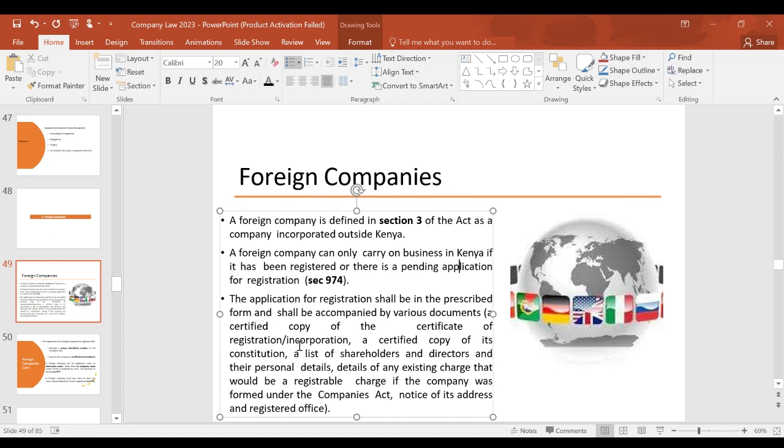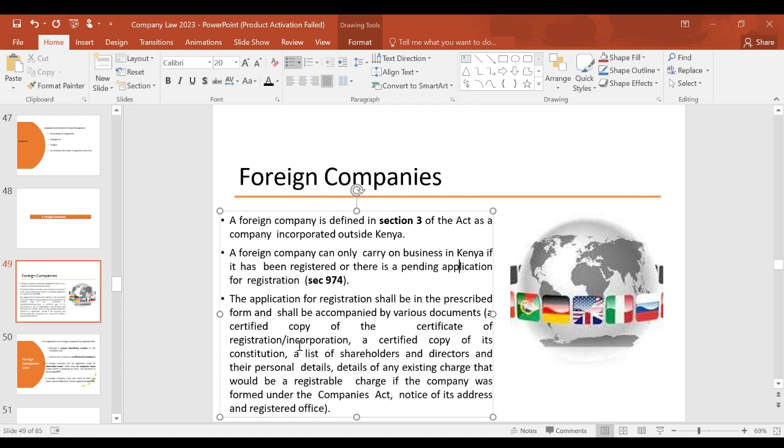So there is that particular process that has to be fulfilled for a foreign company to be fully registered within the Companies Act of Kenya 2015.